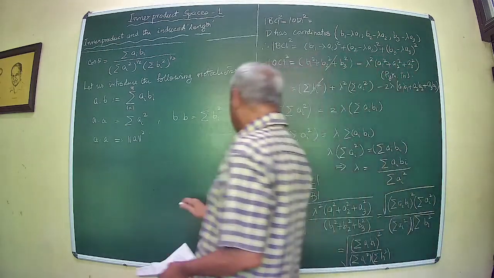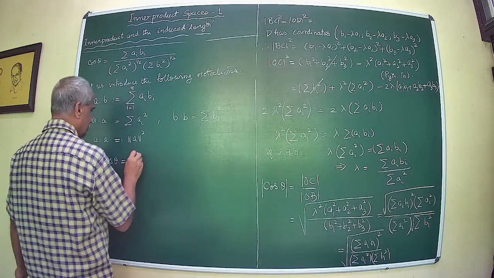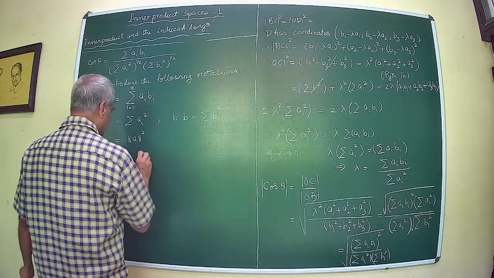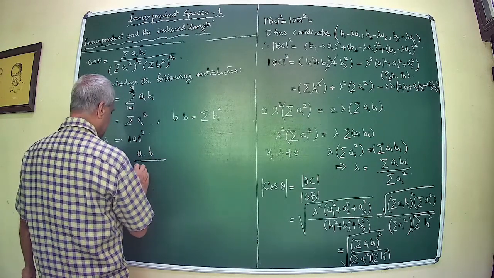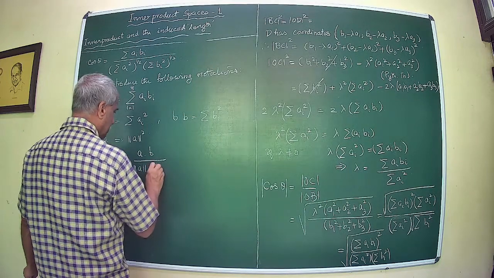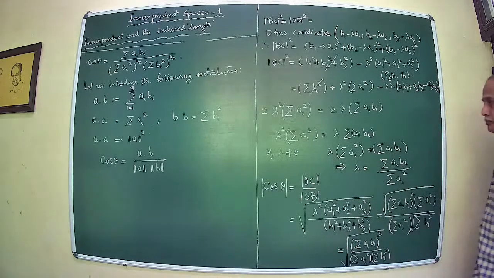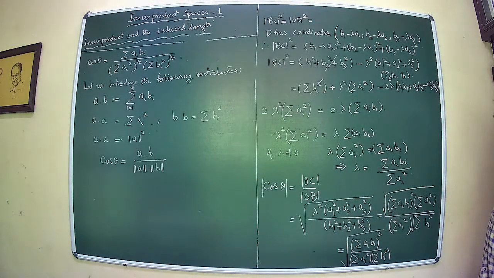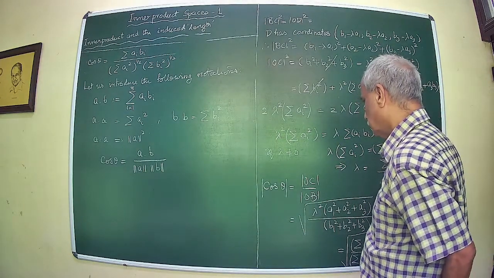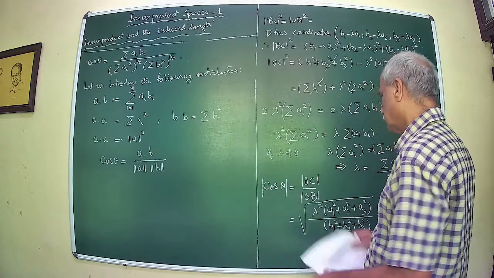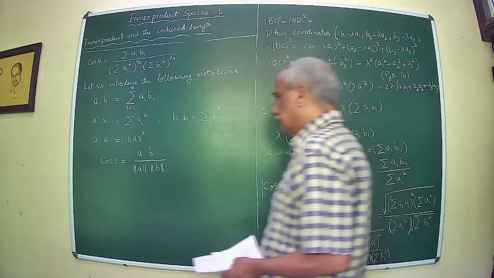So what you have is cos theta equal to A dot B divided by, so this is the formula that you get.